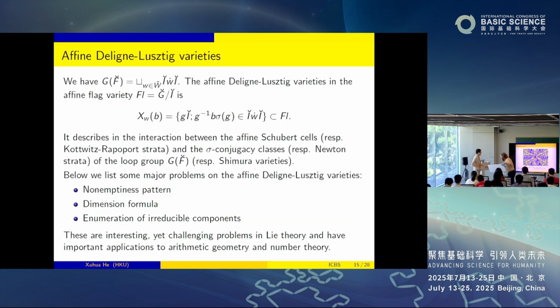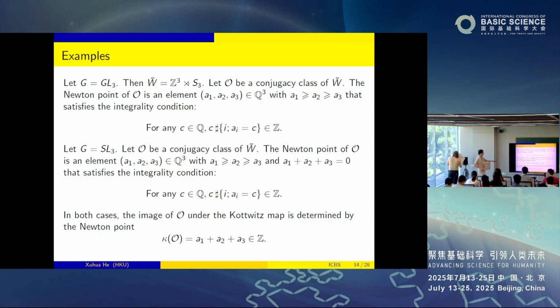The Newton point is something like this: for example, for GL3, you think about a sequence of rational numbers satisfying an integrality condition. So this is a discrete set.